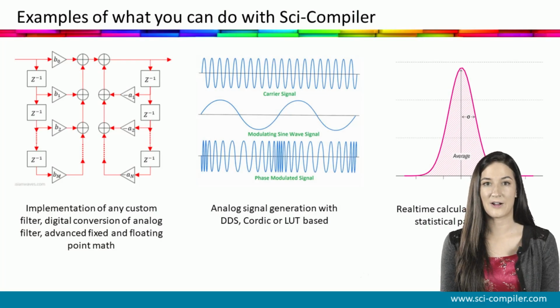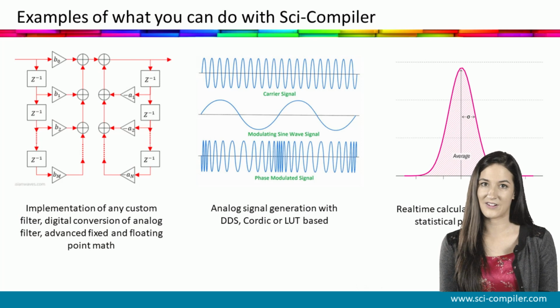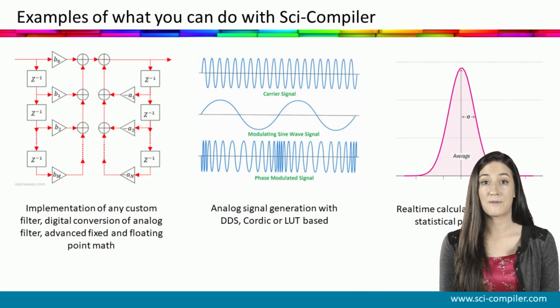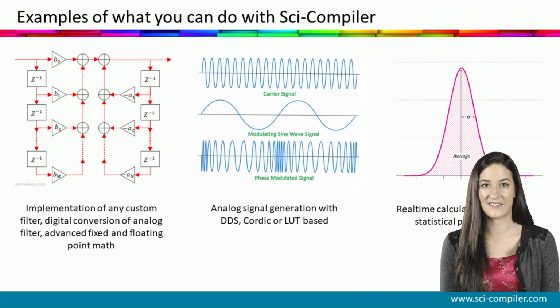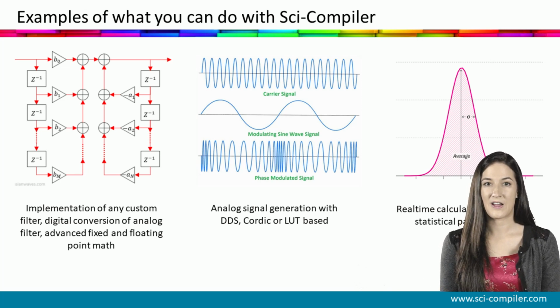Customization is key in data processing, and SciCompiler stands out by enabling the implementation of any custom filter. It allows for the digital conversion of analog filters and the utilization of advanced fixed and floating point math operations, opening doors to unprecedented data analysis techniques.